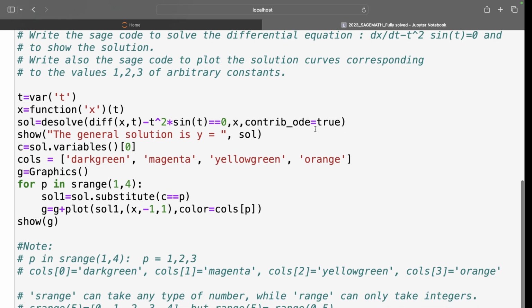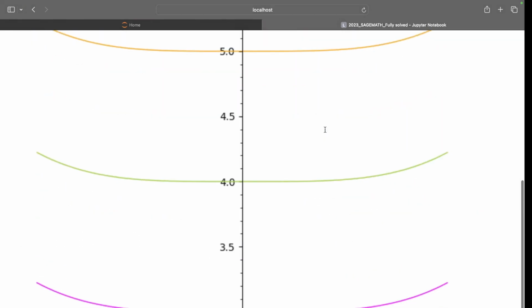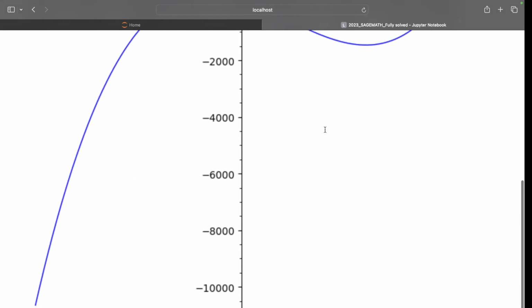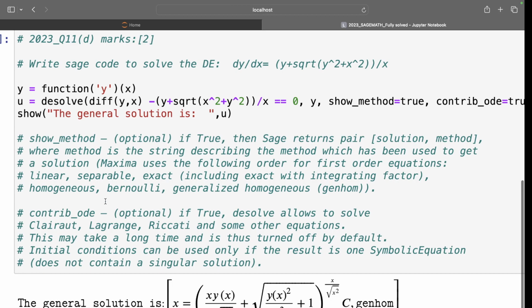Actually contrib_ode is optionally true. It allows desolve to solve Clairaut's, Lagrange, Riccati, and some other equations. This may take a long time and is thus turned off by default.